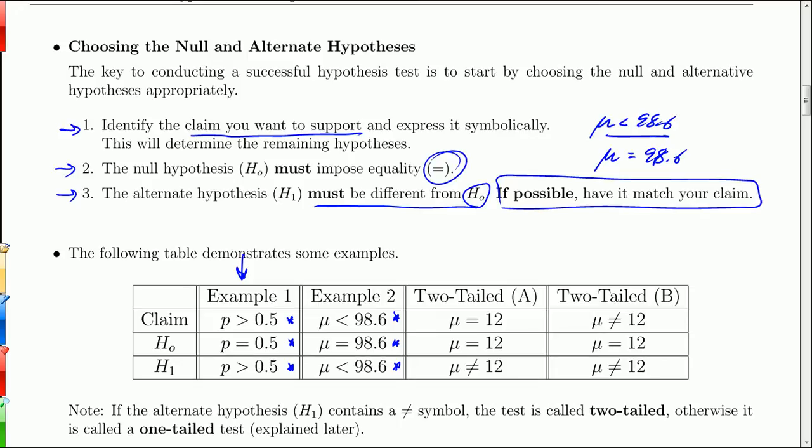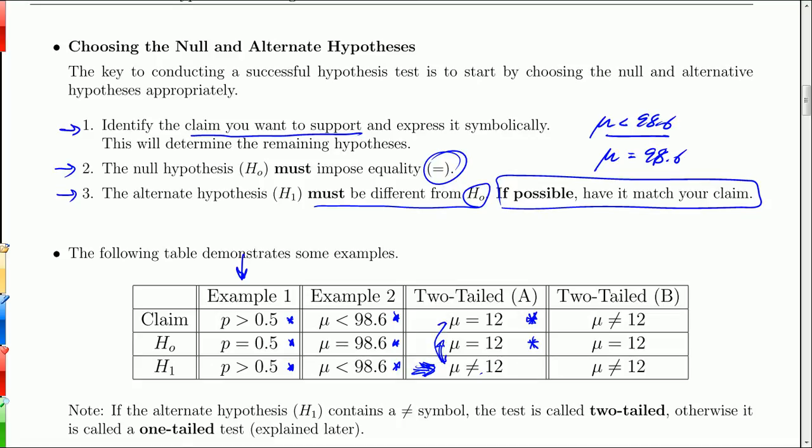Suppose I claim that the mean amount of Coke in all 12-ounce cans of Coke is 12. Then my null has to have the equal sign, and now I've run into a problem: the alternate has to be different from the null.